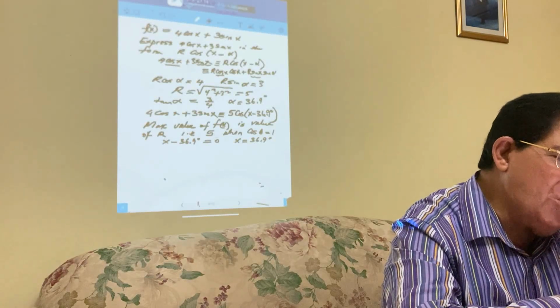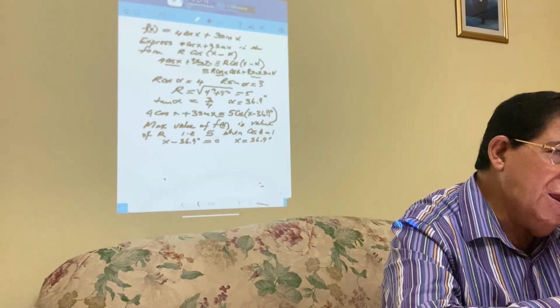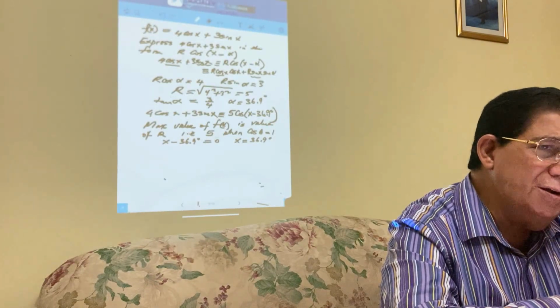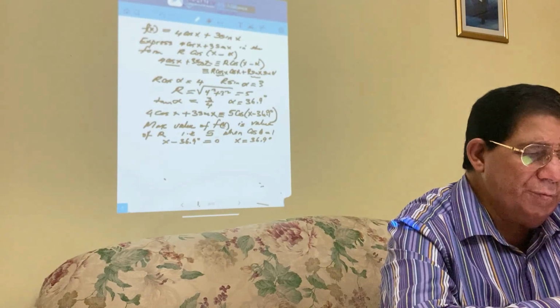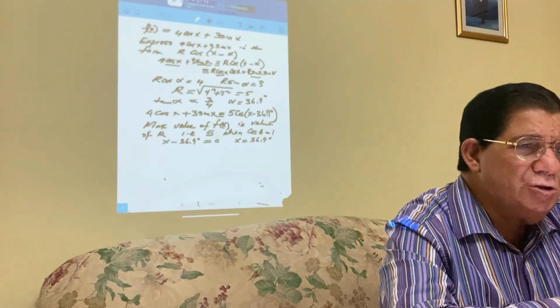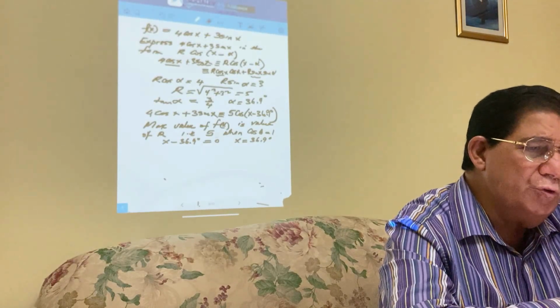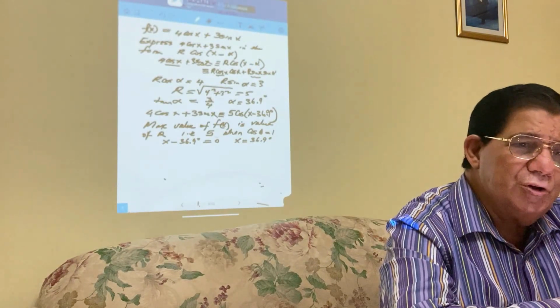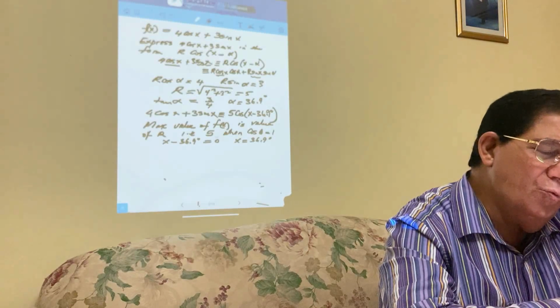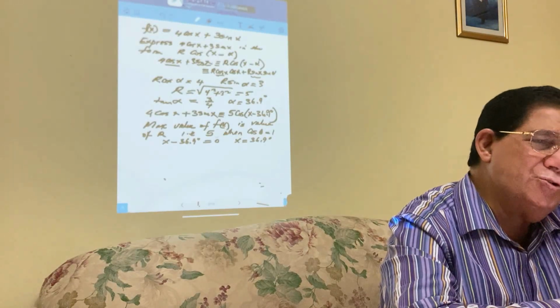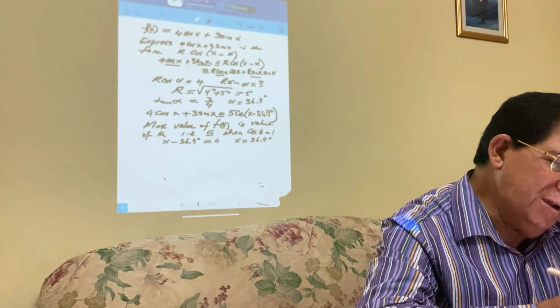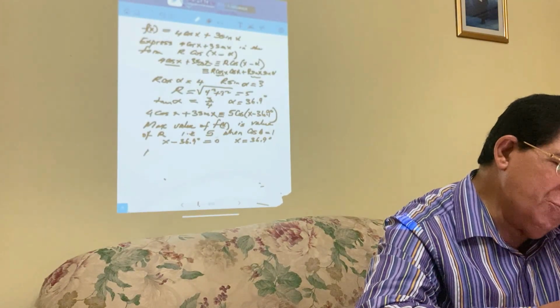Whether I'm going to write any function in terms of r sine or r cosine, it will be given in the question, and in the question, it will be given to you which form you are going to use. You just apply what you are asked in the question, and then you solve the problem. Again here, what is the minimum value?